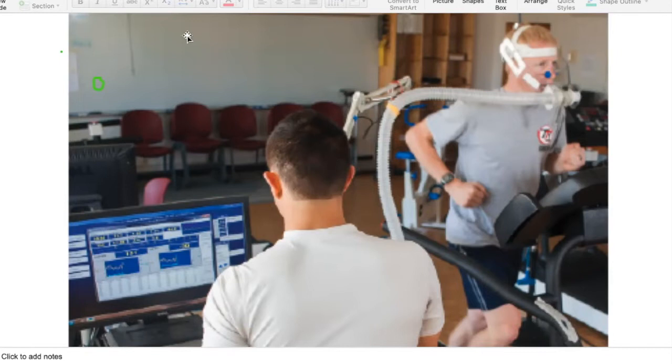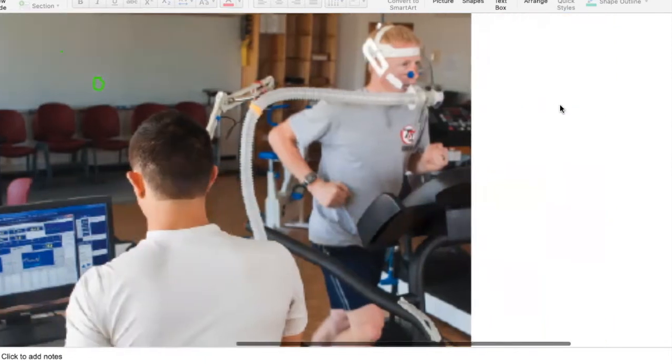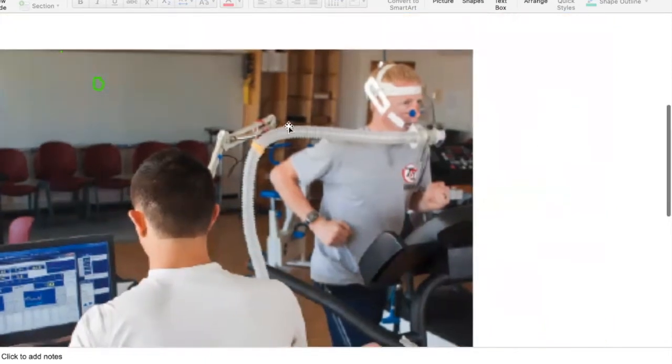This is a direct capture of oxygen, meaning he's got an oxygen mask. The end of this tube here has a gasket, and as he breathes in, it pulls this rubber gasket this way and opens up this vent to allow air to come in, oxygen to come in.